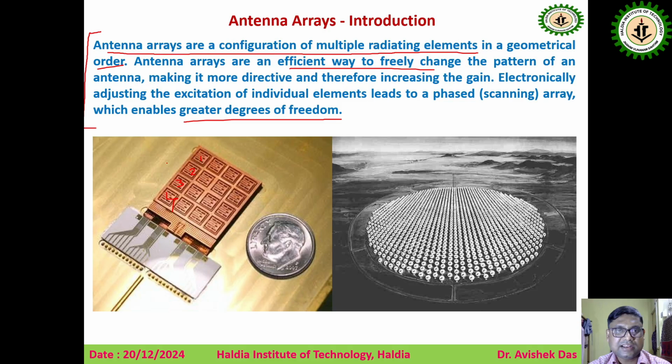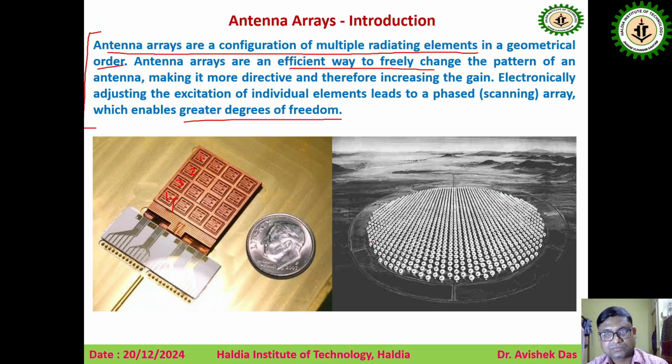Similarly, several antennas are arranged in a particular geometrical configuration. So look, it is a planar antenna and it is in a square shape. Similarly, this is also a picture of an antenna array where a number of antennas are placed together in a geometrical configuration and it forms a circular antenna array.